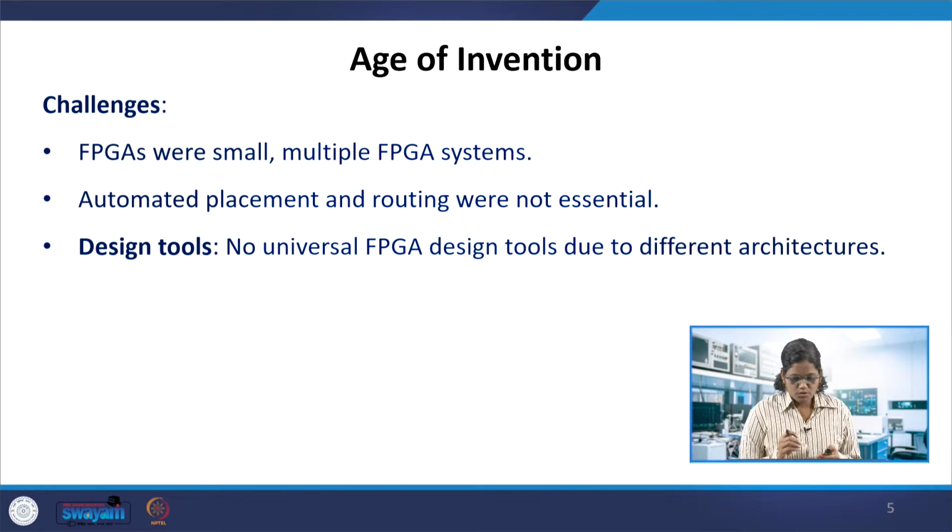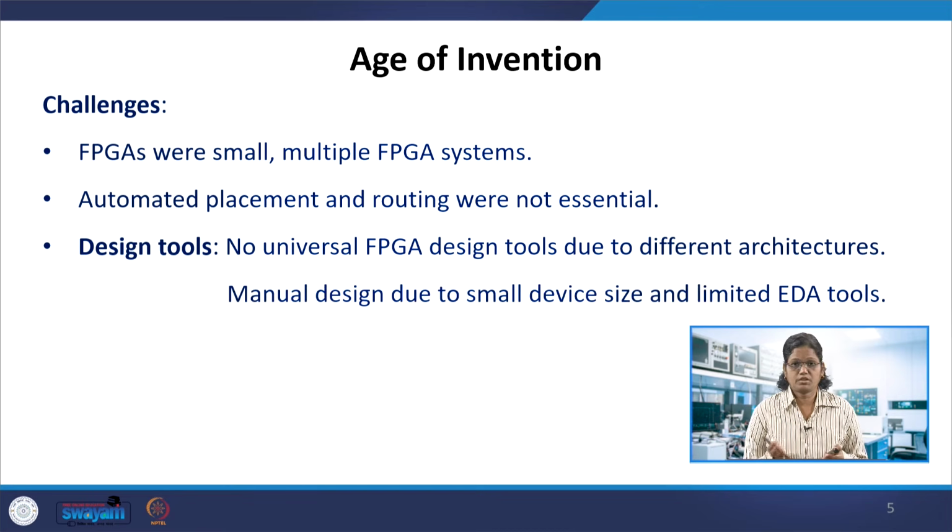As for design tools, ASICs, the application specific ICs, had universal software to handle the design, whereas in the FPGA's case, during this invention period, there was no universal FPGA design tool. Because of the different architectures, how to unify these architectures and how to make a software design tool that can do automated placement and routing for different architectures was a real challenge during that time.